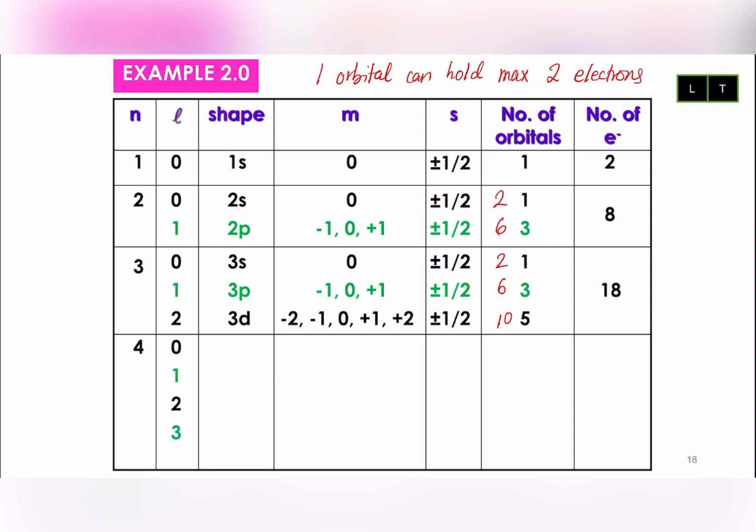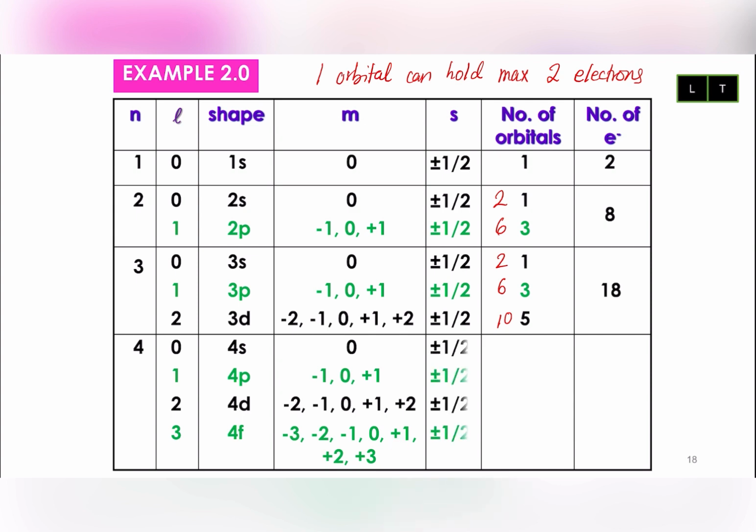Next, we have n equals 4. We can have 0, 1, 2, 3 for the l value: 4s, 4p, 4d, and 4f, based on their shapes. We have 1 value for 4s, 3 values for 4p, 5 values for 4d, and 7 values for 4f. Now the electron spin will be plus or minus half for each orientation. Now we are going to determine the number of orbitals.